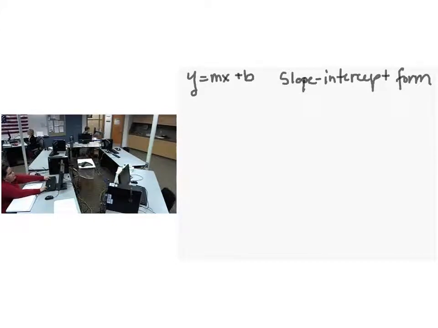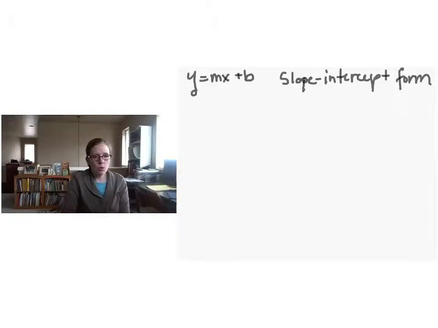All right, so slope-intercept form is y equals mx plus b. M is our slope. Y equals mx, that was what we were just doing. M and k, same thing. M is our slope, and then you add that b on the end, the plus b.